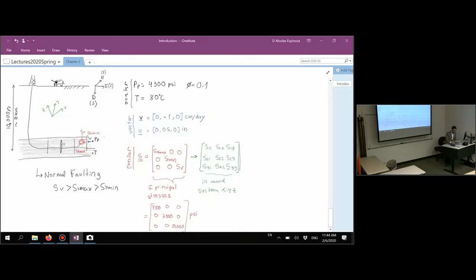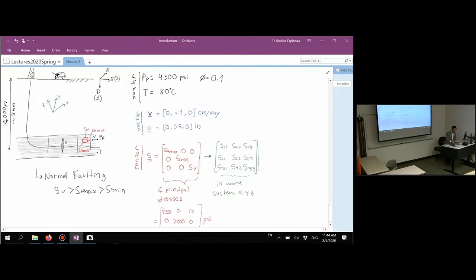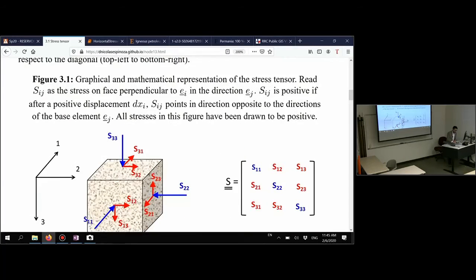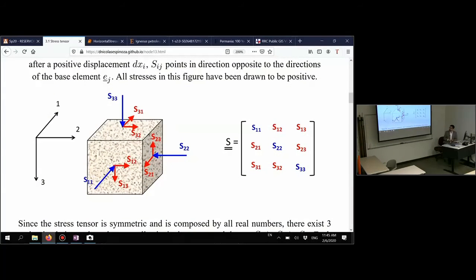So now we know what is a scalar, what is a vector, and what is a tensor. Let's come back over here. So now we have a better idea about what we're looking at in this figure. We know what the diagonal terms are.